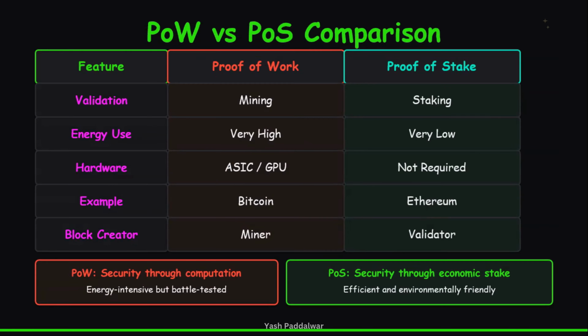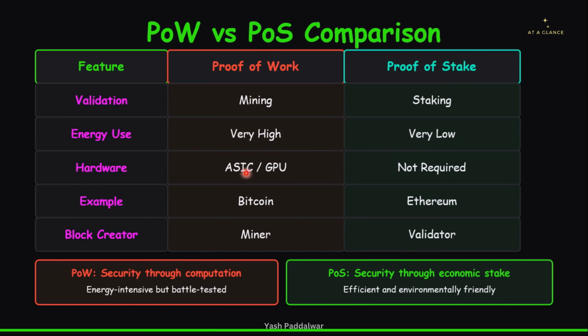Now, let's have a look at a detailed comparison of both of these, the POW and POS comparison. So, we have certain features: validation, energy use, and so on. With respect to validation, proof of work uses a mining mechanism, right? Proof of stake uses a staking mechanism. When we talk about energy consumption, in proof of work the energy consumption is extremely high, whereas in proof of stake it is extremely low.